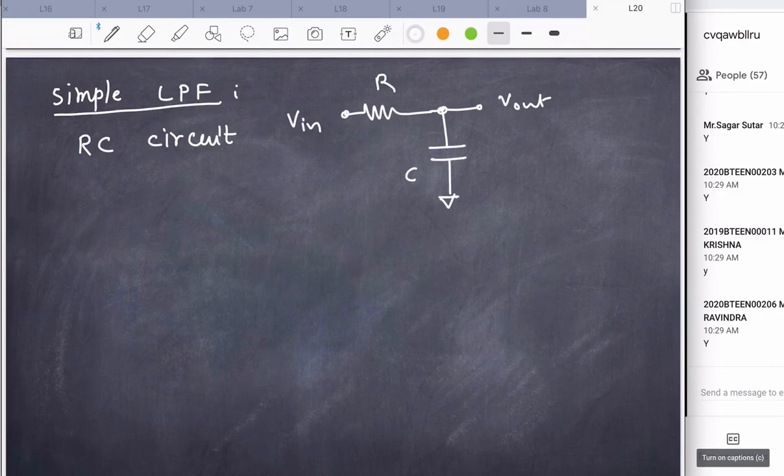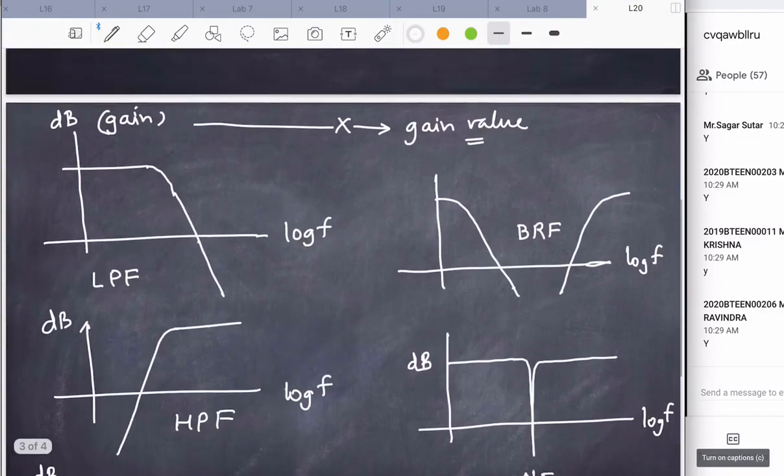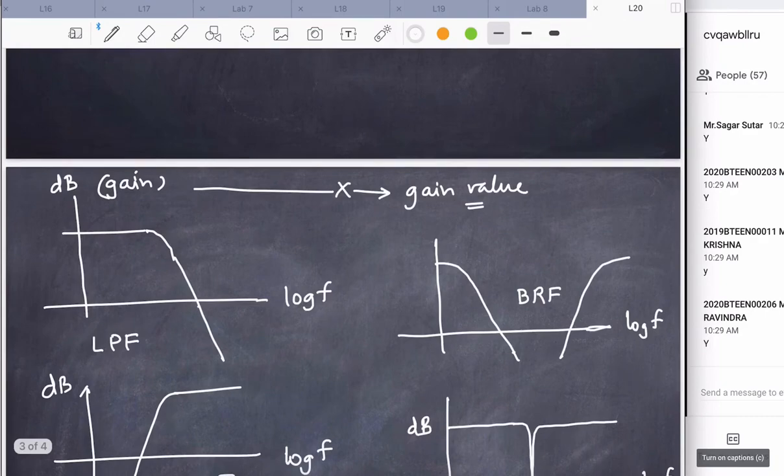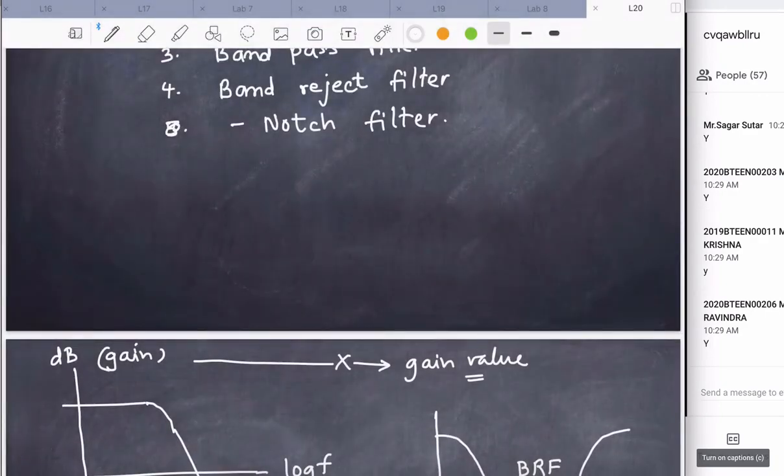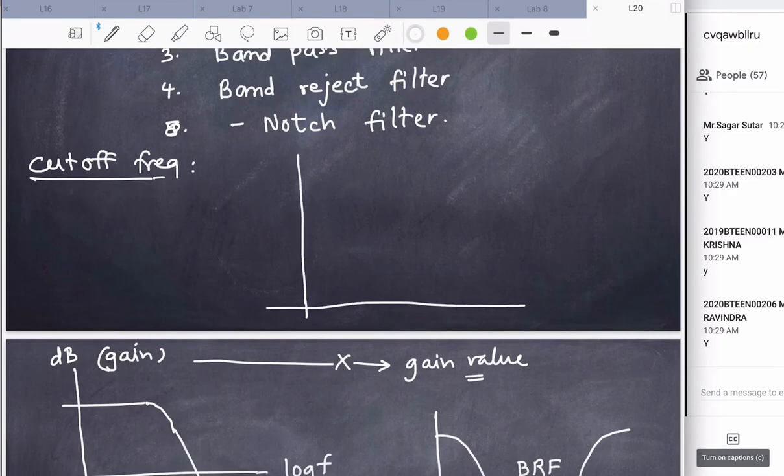Okay. The property of the filter is the cutoff frequency. Let me draw this somewhat bigger. Suppose I draw a low pass filter, then I have a gain in dB.